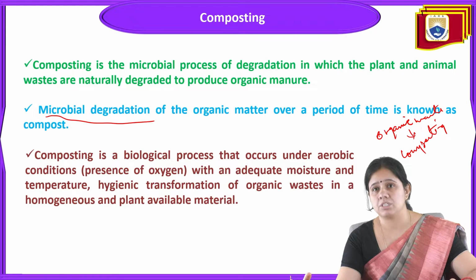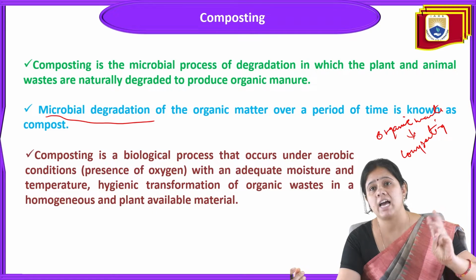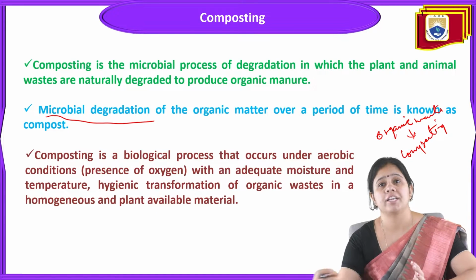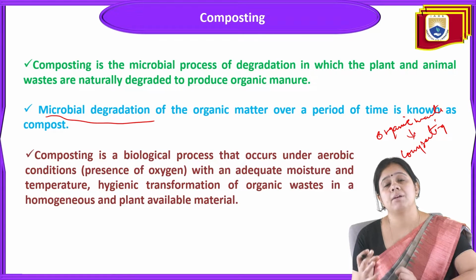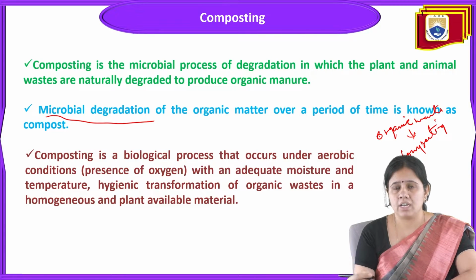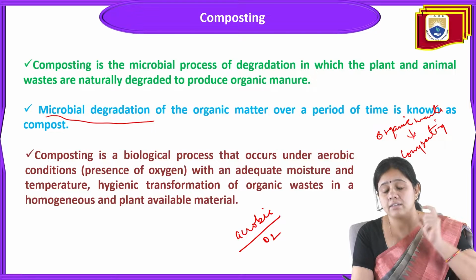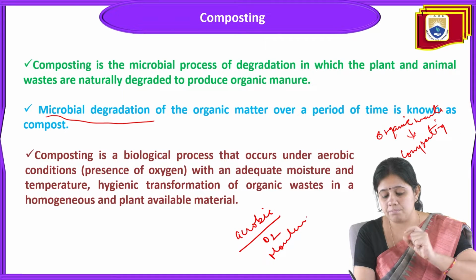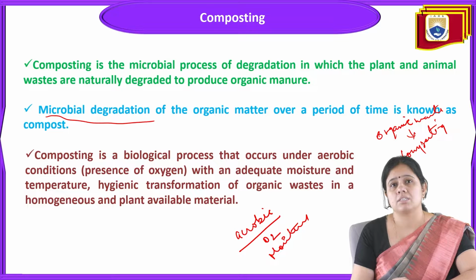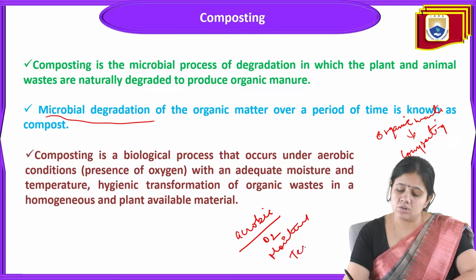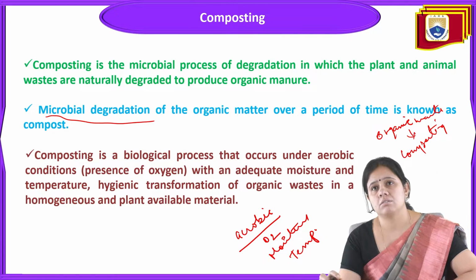Composting is a biological process that occurs under aerobic conditions, meaning in the presence of oxygen, with an adequate amount of moisture and temperature, and only then is hygienic transformation of organic waste into a homogeneous, plant-available material possible. So first of all, it is an aerobic process, meaning the presence of oxygen is important. Then some amount of moisture is also important, and temperature is also a most important factor for this composting process.